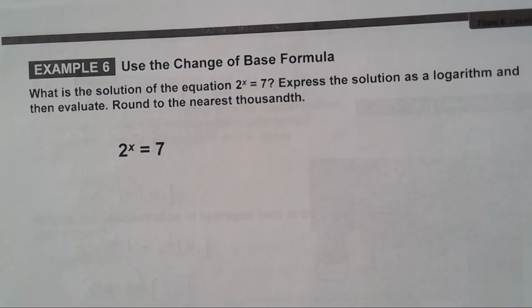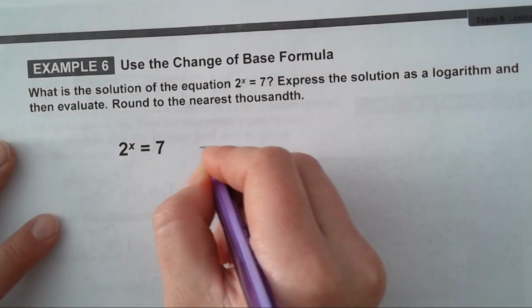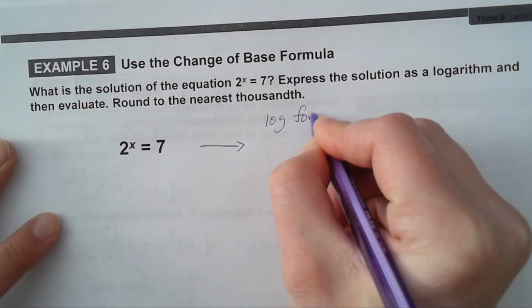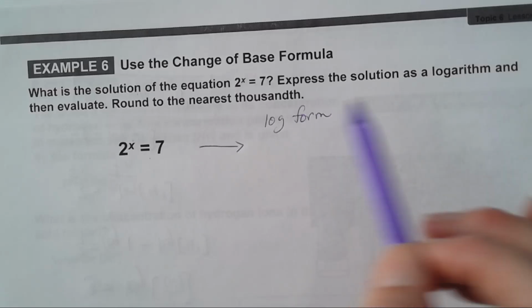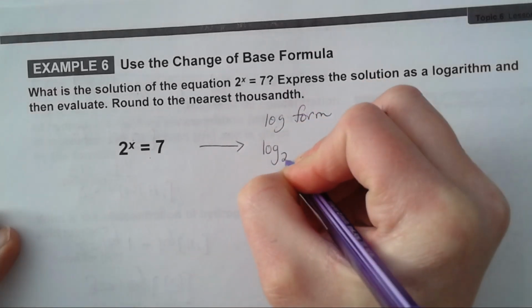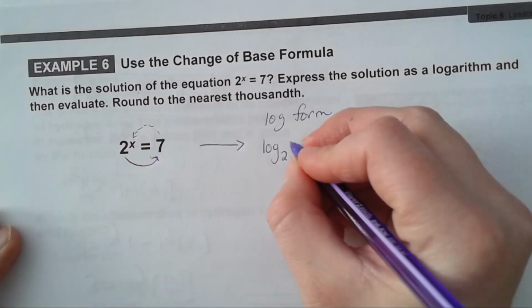But if I were to convert this to log form, in order to solve this, I want to change forms because logs equal the exponent. And so I would get log base 2 of 7 equals x.